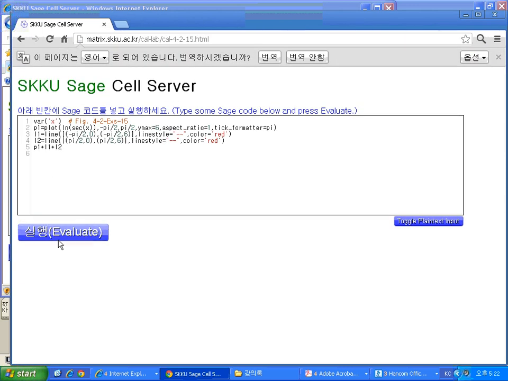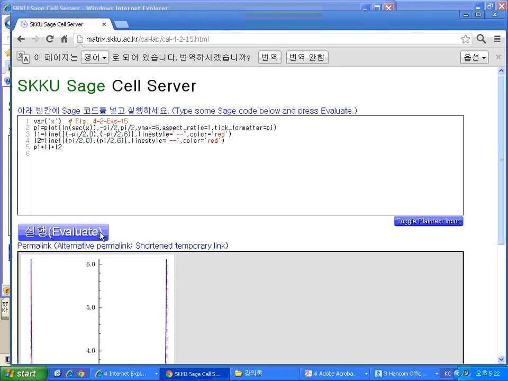I recommend you use Chrome or Firefox to do the computation of it.